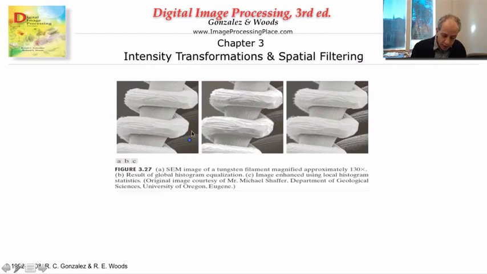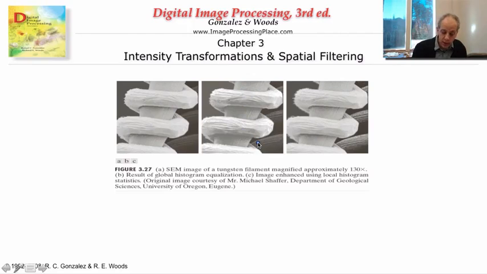So for example, if we take this and we do global histogram equalization, we are going to get this. Sometimes it looks a bit better, but there is a compromise. I only have 256 pixel values to distribute for my whole image. So I might not be able to do a very strong contrast at the same time here and here.